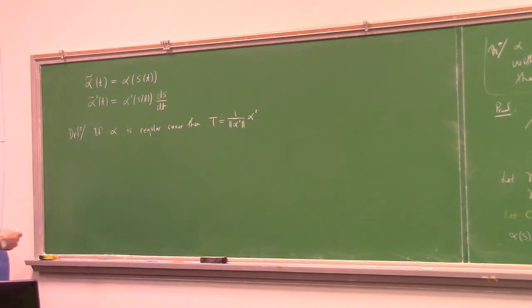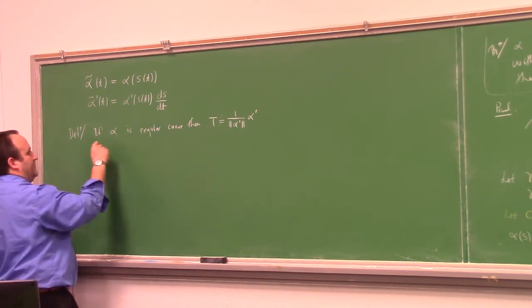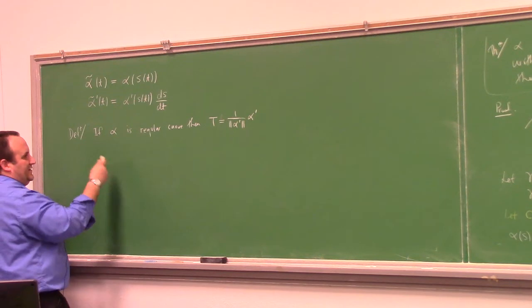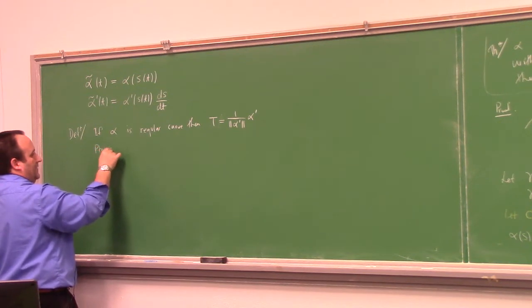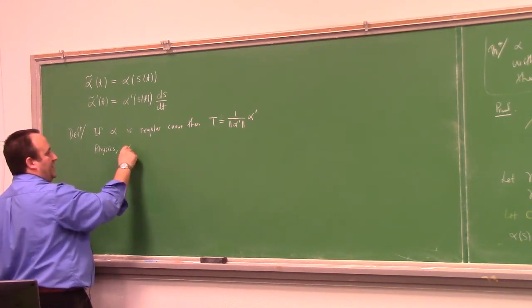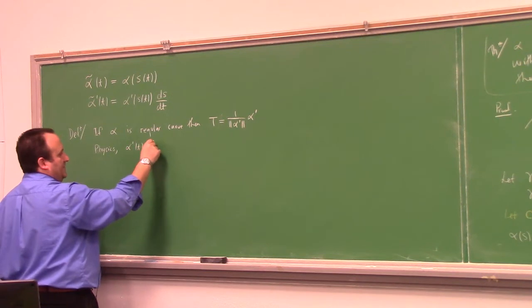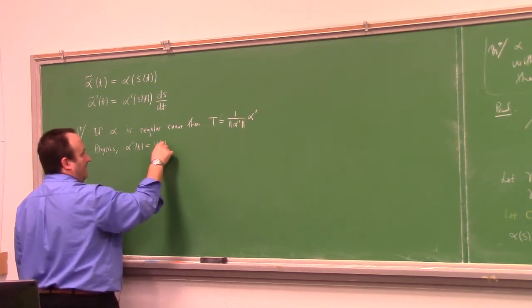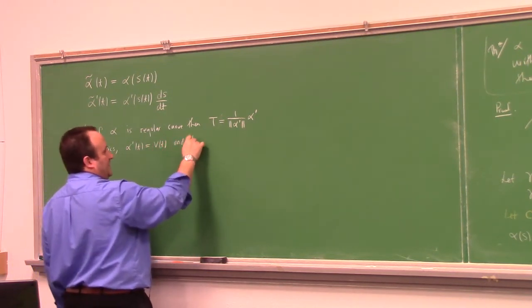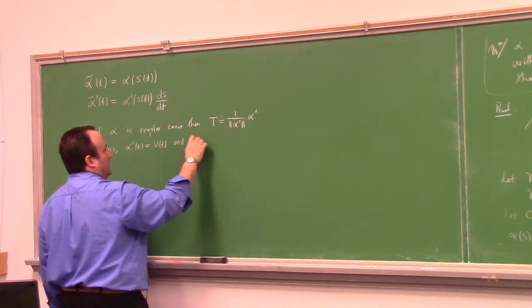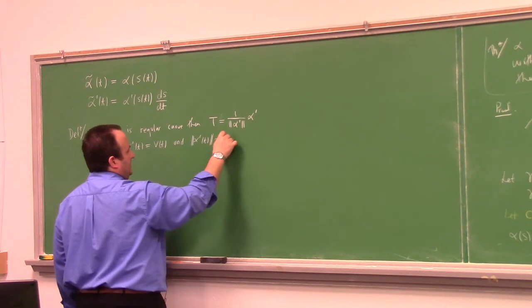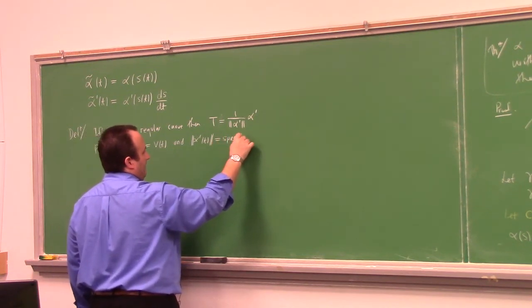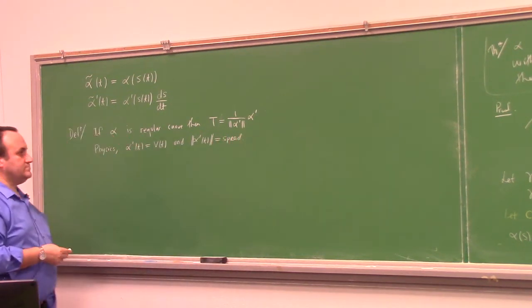Of course, I would remind you, let's talk about some physics notation. In physics, we tend to say alpha prime of t is the velocity, and the magnitude of the velocity is the speed.